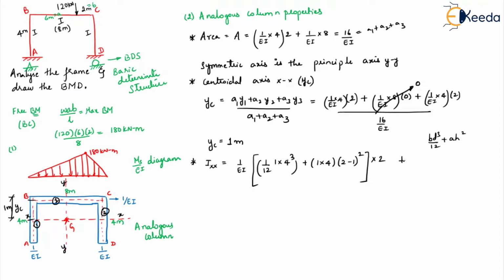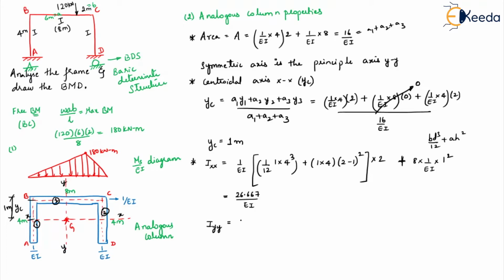Now this along with for the portion BC, we have to just do AH square. So area is this and H is how much? 1 square. So on simplification, you will get the value of your IXX, that's 26.667 by EI.